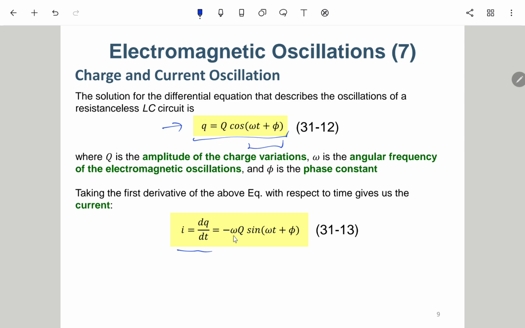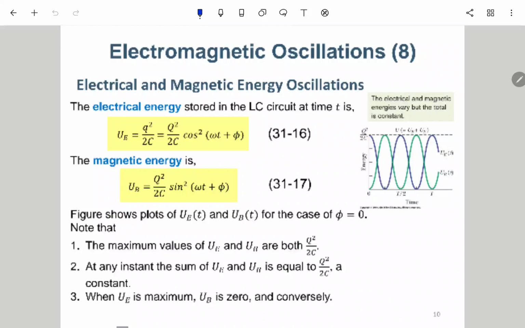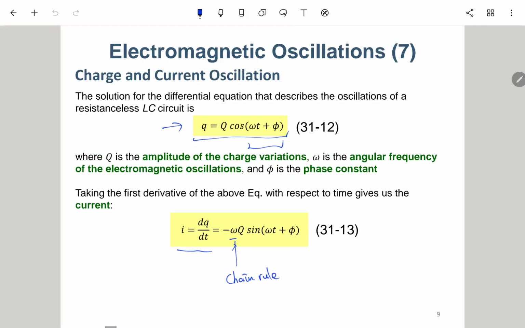Okay, so another omega goes to here. So this omega is due to the chain rule. Okay, so this is the current. Okay, so as much as we have solved the Q and also the I here.